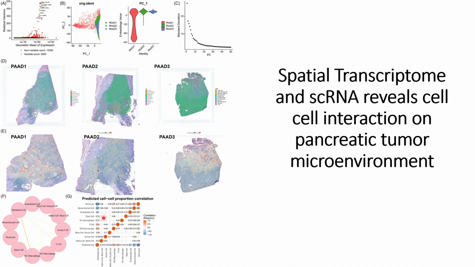This is also in line with the literature, where epithelial cells, or cancerous cells, have a negative correlation with M1 macrophages, since M1 macrophages have anti-tumorigenic properties, whereas M2 macrophages have pro-tumorigenic properties. That's why the correlation between M2 macrophages and epithelial or cancer cells is in the positive range, and these are Pearson correlation values.